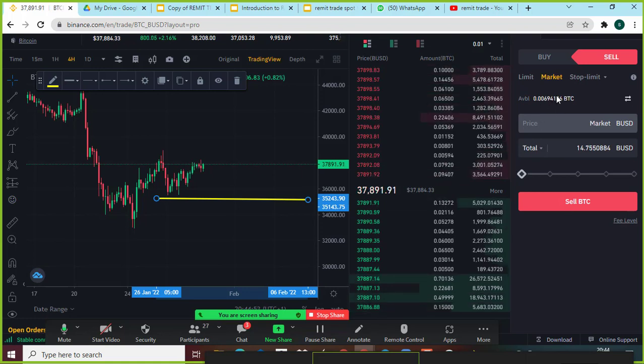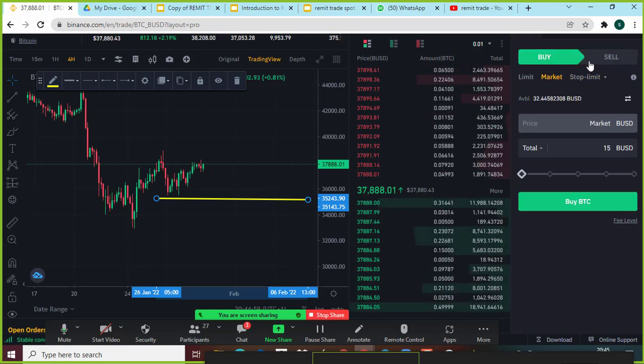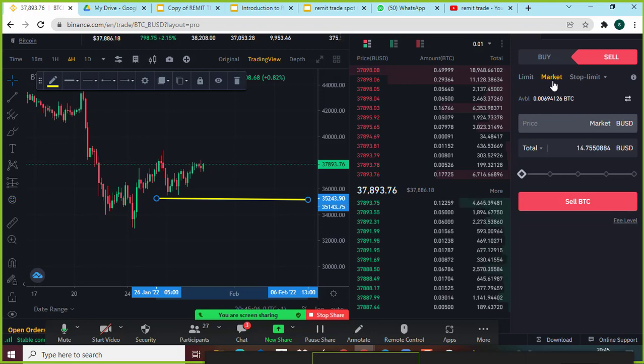When we mean by taker fee and maker fee, if you are placing a market order, be it buy or sell, you are a taker. The reason why? You are taking liquidity out of the market.